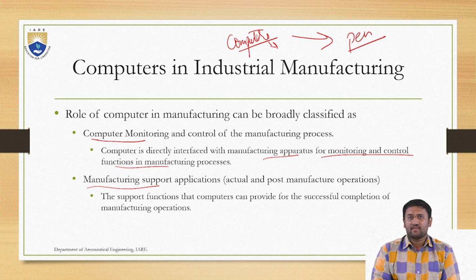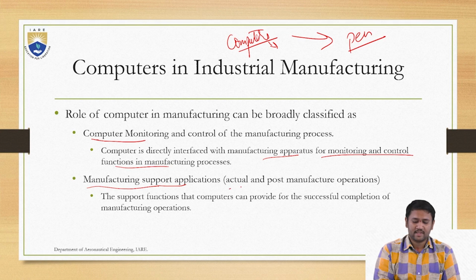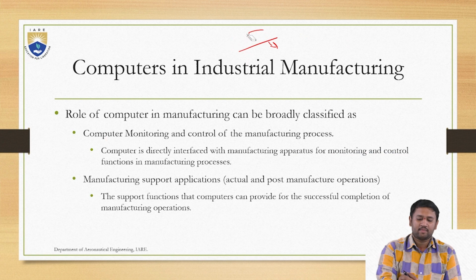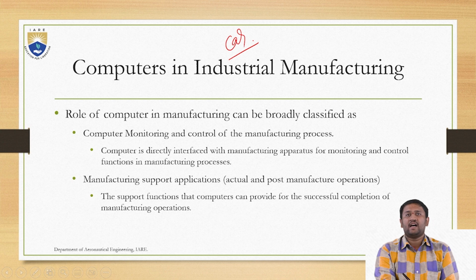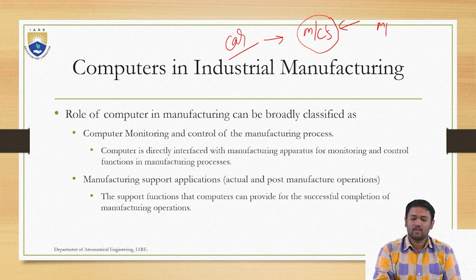right? And second is your manufacturing support applications, which includes all the necessary processes for which the computers are assisted for, to be precise, for actual as well as post manufacturing operations. Right? For example, we'll cover this with a better example. Let's say we are creating a car. Right? A car is made up of particular machines. Right? And in order for these machines to perform effectively, these machines are embedded with computers.